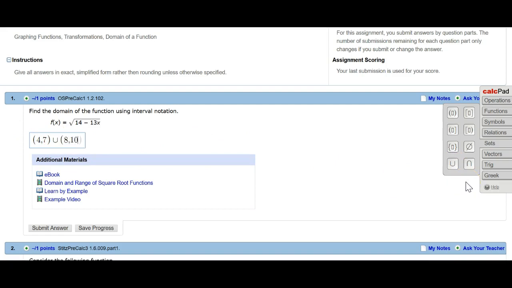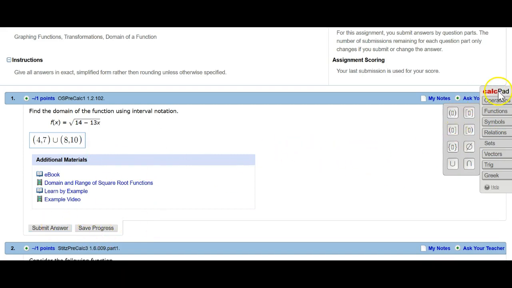This is not the right answer because I didn't stop and think about how to do this before I started the video. But I wanted you to see that the union sign is gotten from this sets button on the calc pad. And that's going to be a wrong answer. So I'm not going to hit submit answer yet.